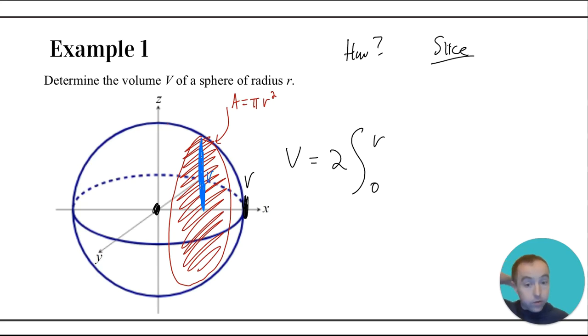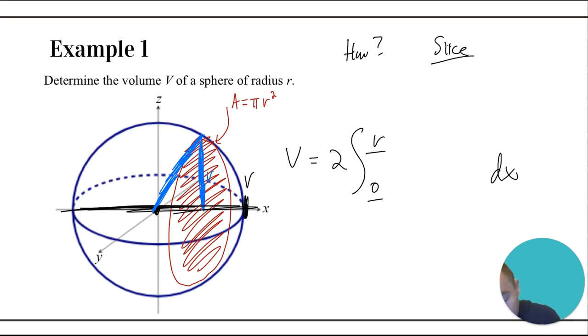We need to get it as a function of x as well, because since we're sliding along the x-axis, our integral has to be integrated with respect to x, corresponding to what these limit numbers are along the x-axis. So we need a function of x to determine what that blue radius is. We can use the Pythagorean theorem, because this diagonal distance from the origin out to the edge of the sphere is the actual radius of the sphere.